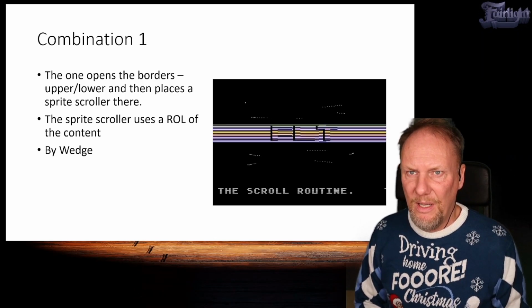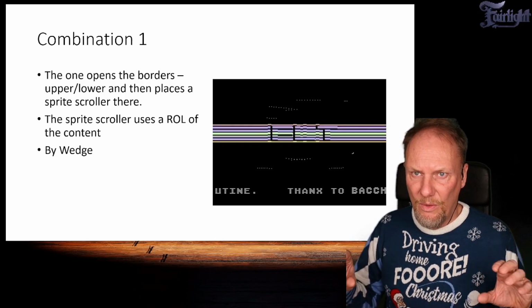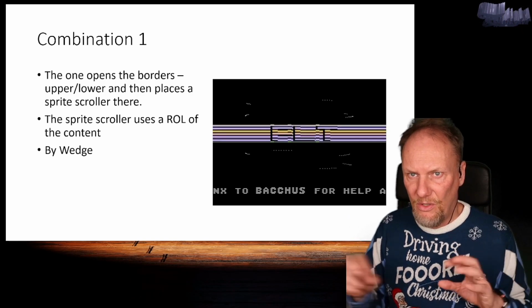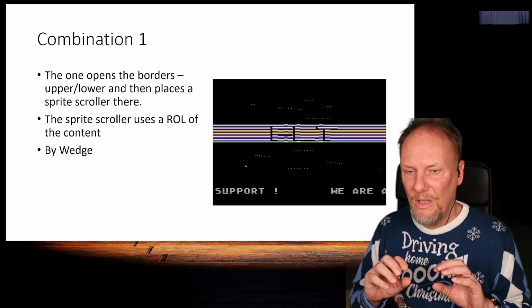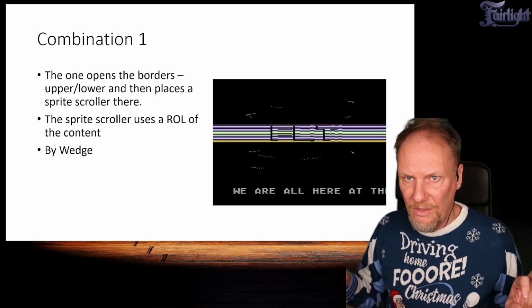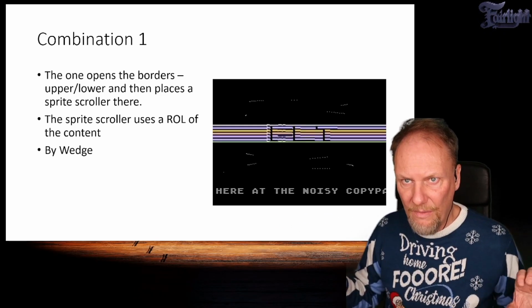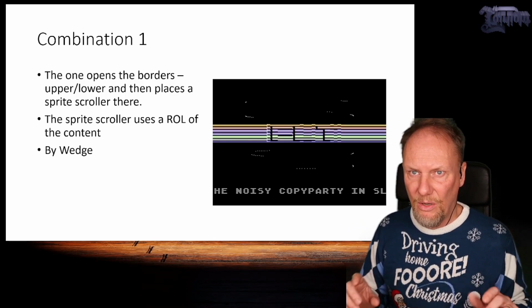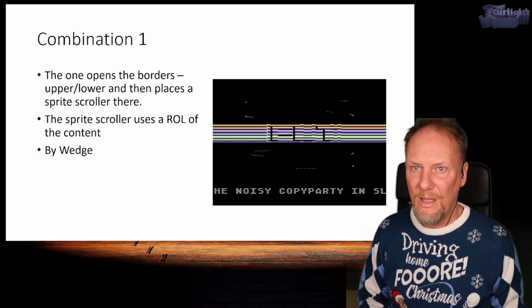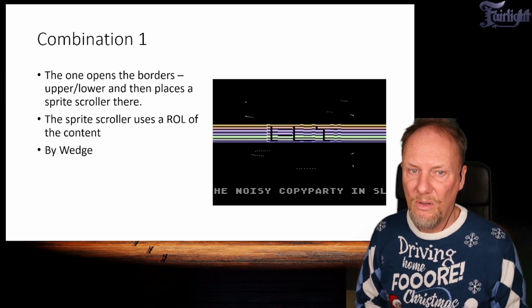The matte of sprites is placed there, and what Anders is doing is just shifting the content of the sprite matte. So it's in the lower border, but it's also in the side border, so all of the lower border is open, and then he's manipulating the content of those sprites into making a sprite scroller such as that one.